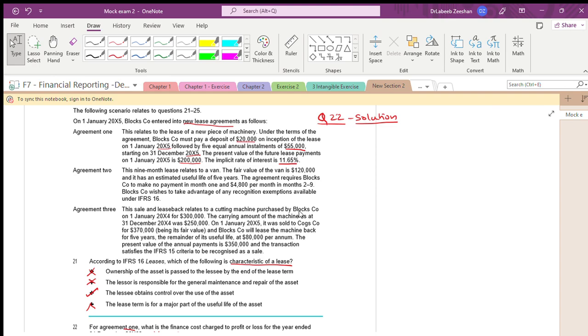Year 1: how much are the lease payments? 200,000. How much is the interest cost? 11.65. How much interest will you get on 11.65? 23,300.